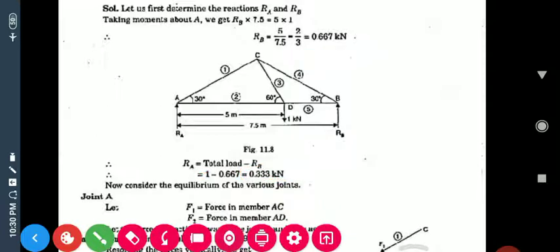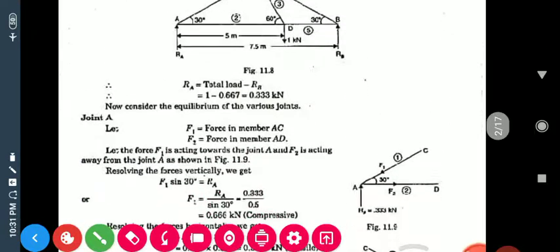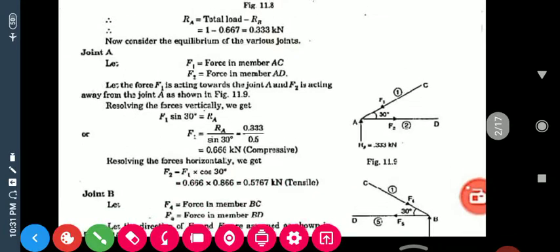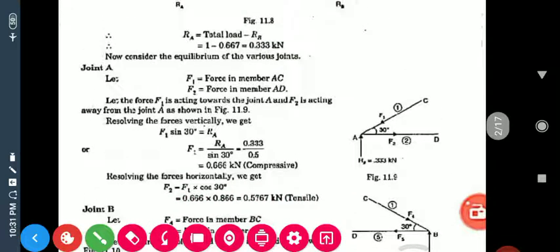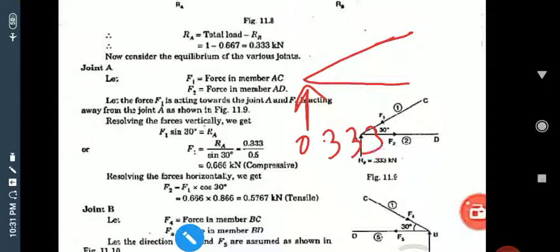Okay, now if we move further, so we have to apply the method of joints. Okay, so let us consider joint A first. Okay, so the free body diagram of joint A will be like this. This is the joint A, this is the reaction at A, which is equal to 0.333.